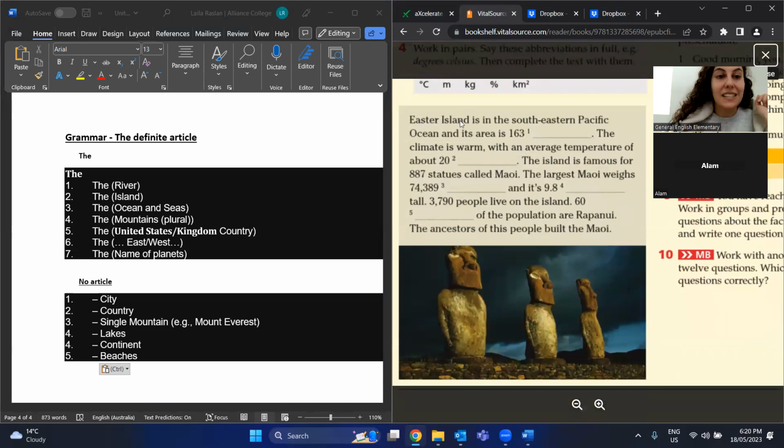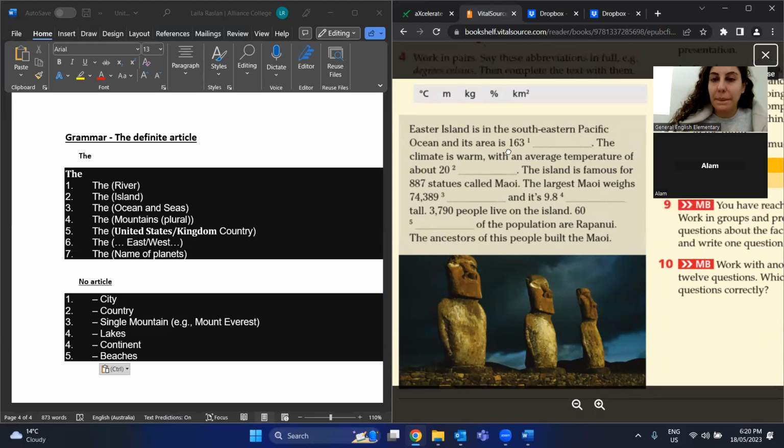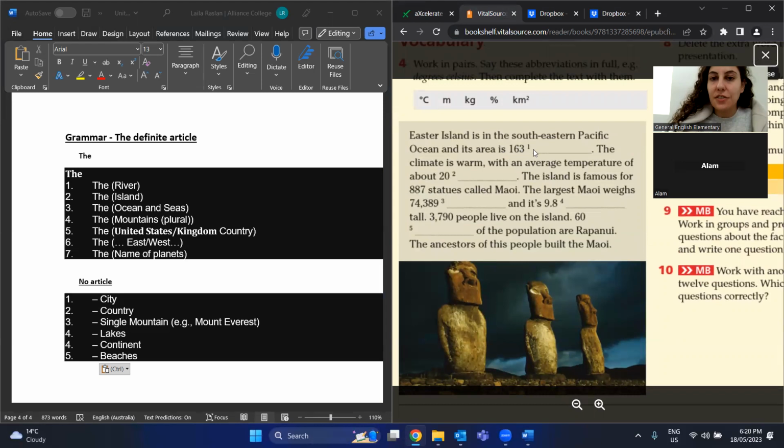Let's read. So Easter Island is in the southeastern Pacific Ocean. And its area is 163, I think, square kilometers.